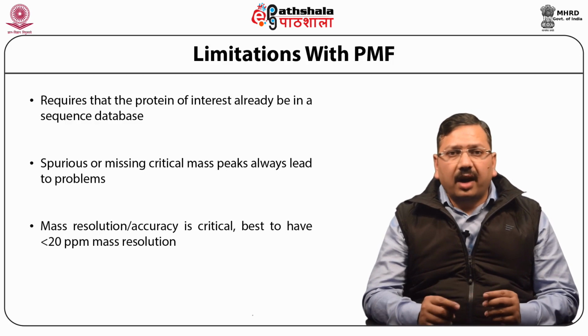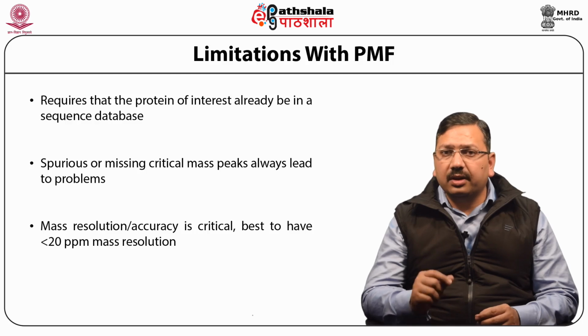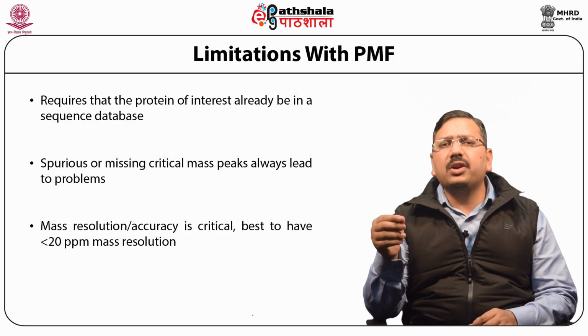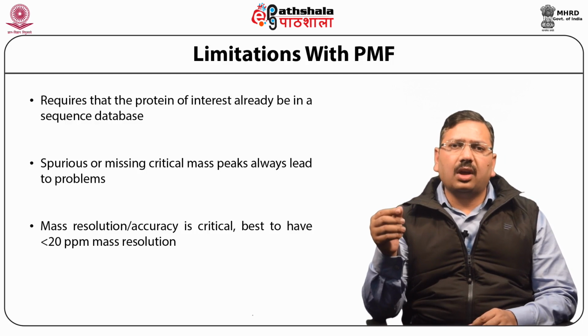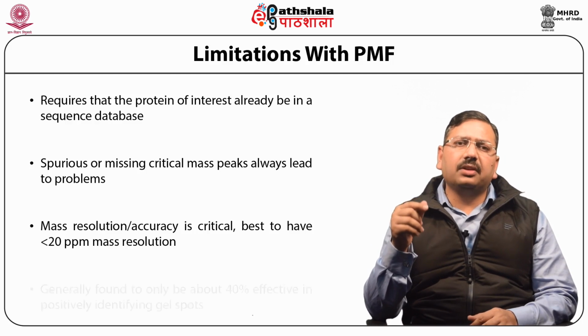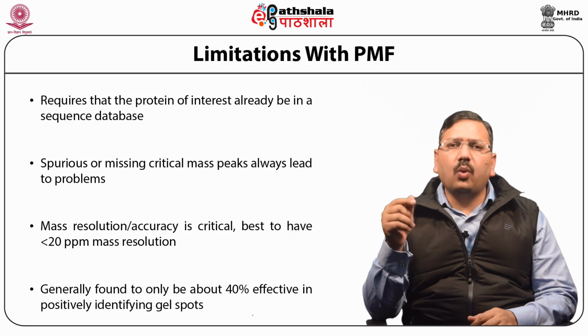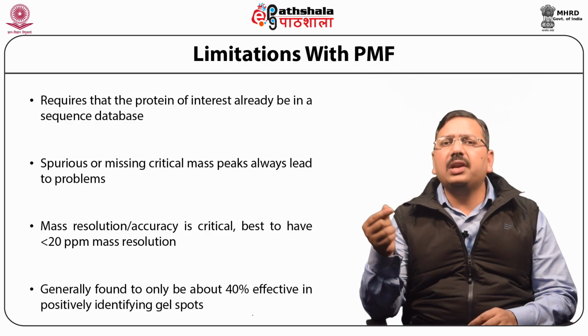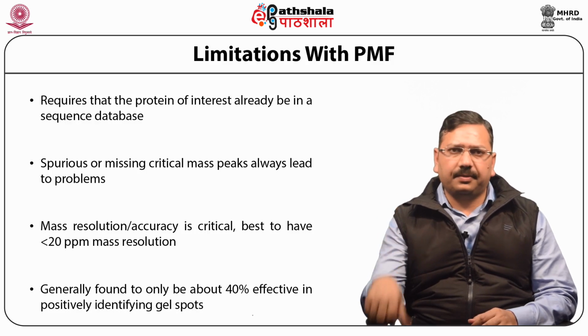Thirdly, the mass resolution or accuracy is very critical. It is best to have less than or equal to 20 ppm mass resolution. And lastly, it is generally found to be only about 40% effective in positively identifying gel spots.